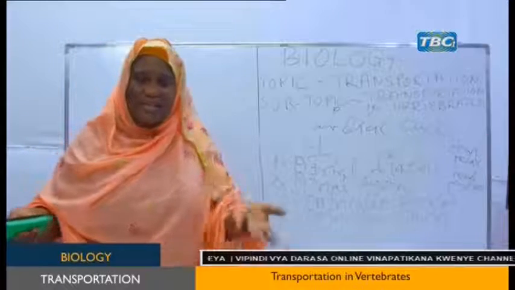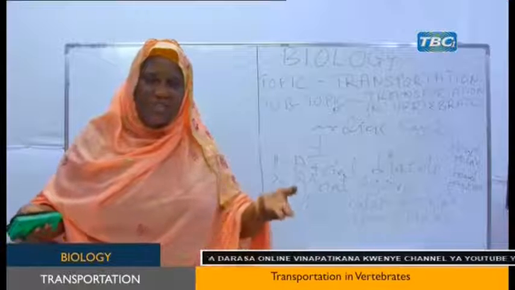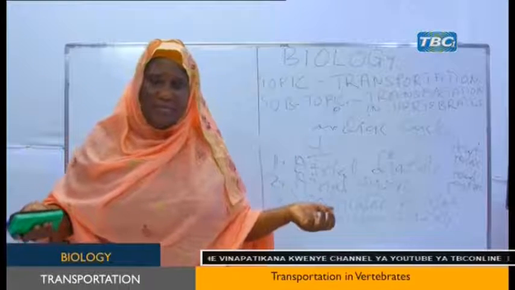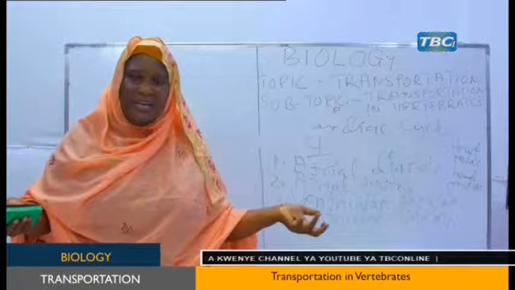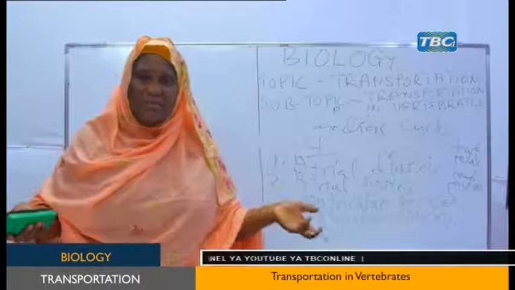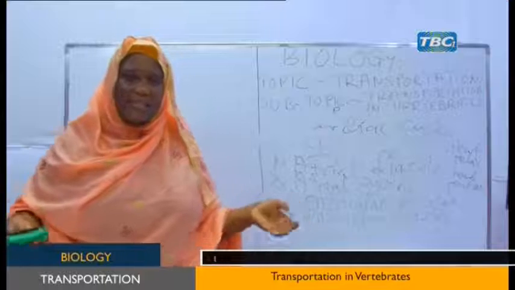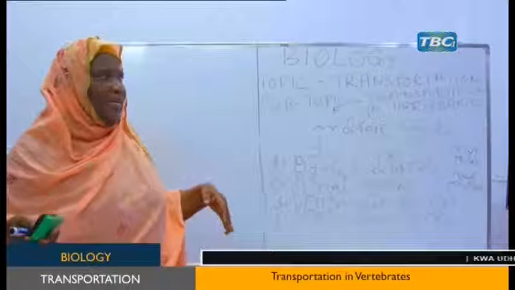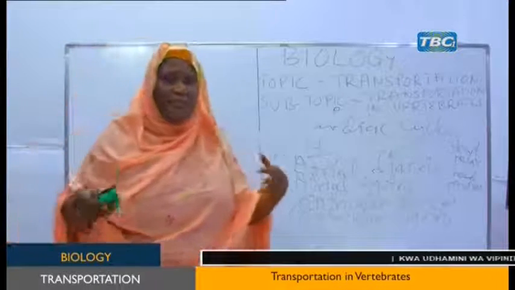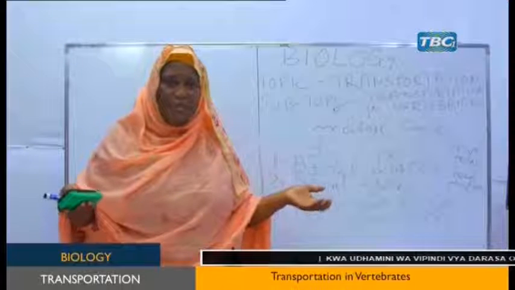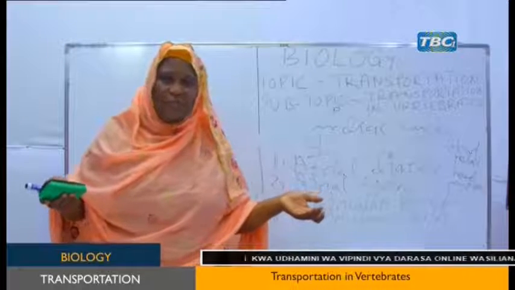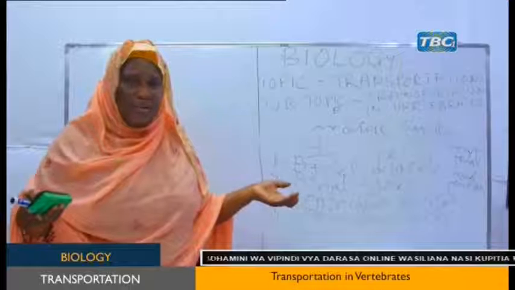We said that there are 3 types. We mentioned those 3 types as skeletal, smooth, and cardiac. After that, we described the adaptations of cardiac muscles.